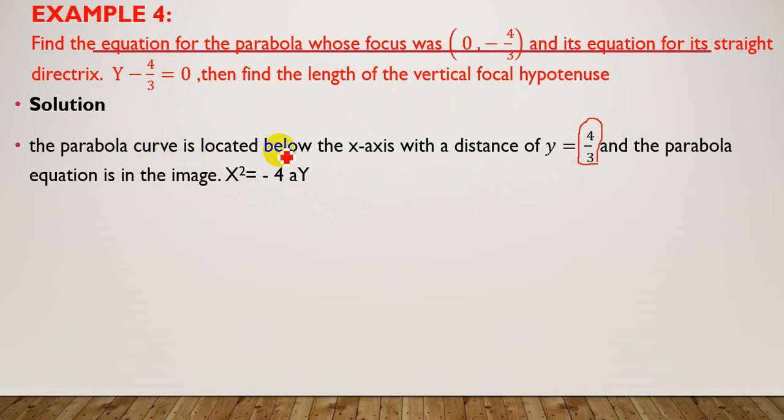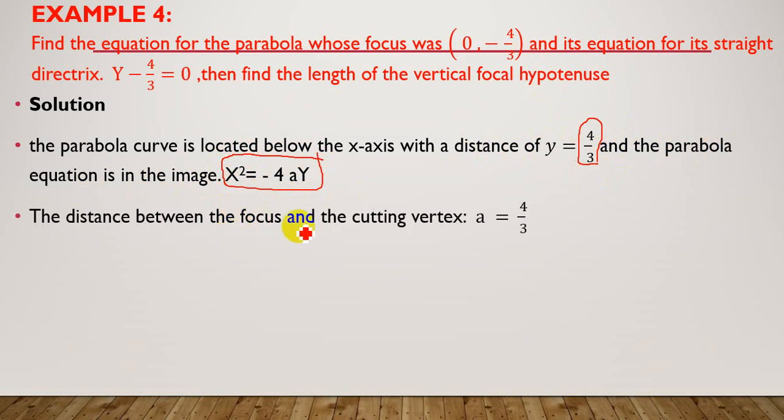The parabola curve is located below the x-axis, with the distance y equal to something from here, and the parabola equation is in the form x. This is the fourth case we studied, and now we have a equal 4 over 3.